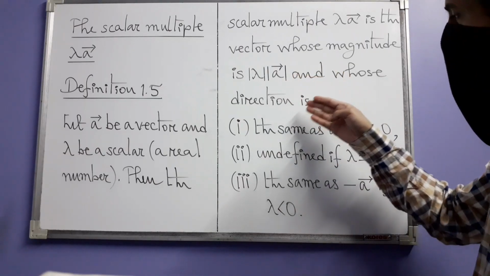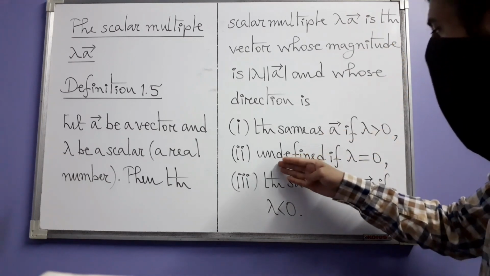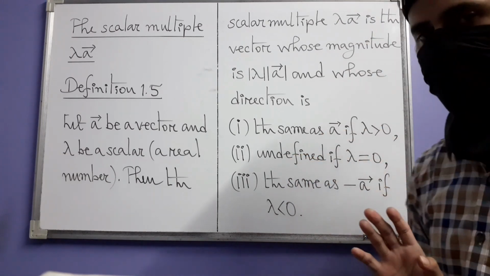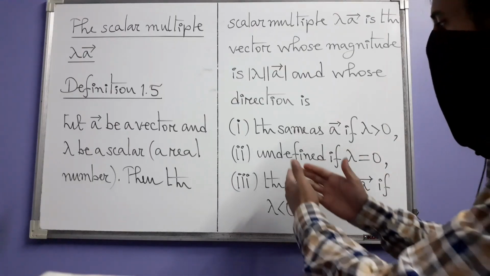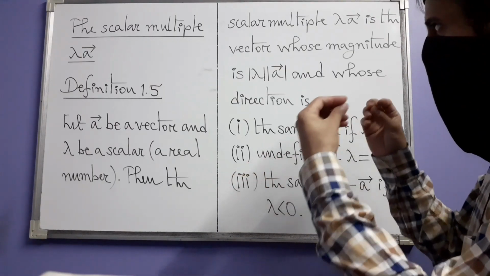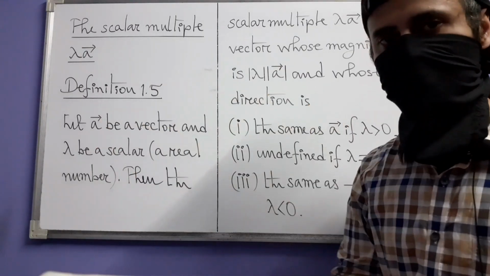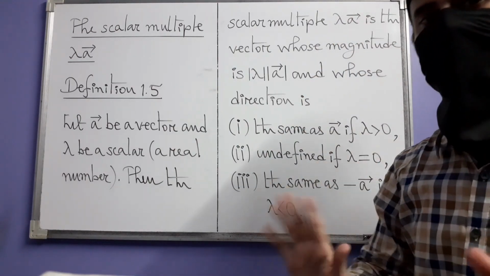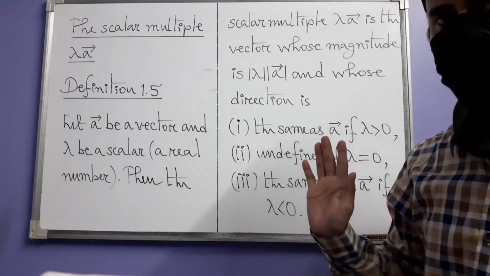And the direction is undefined, there is no direction, if lambda is equal to 0. Actually the meaning of this second condition is just that if lambda is 0, then we are defining lambda times A to be the 0 vector, and that is why there is no direction.